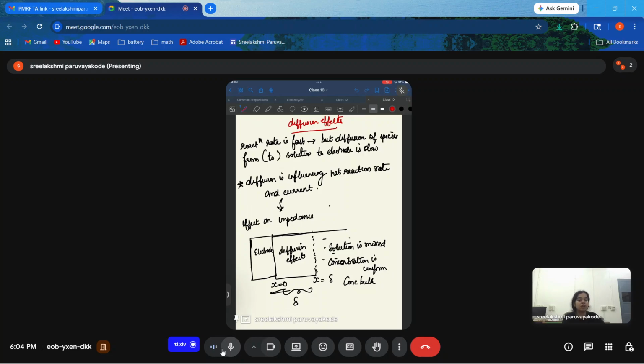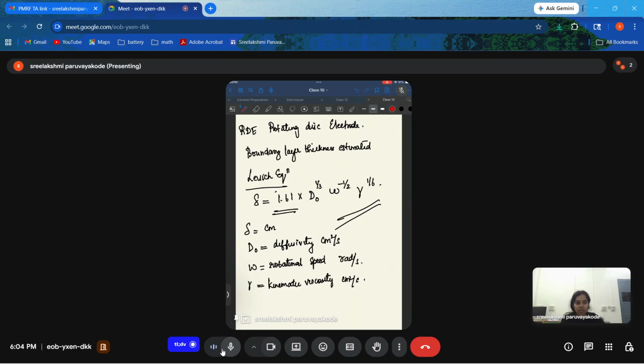So we say that mass transfer limits are playing a role. The reaction rate is fast, but the transport of species from the solution is low. So there will be a boundary layer thickness across the electrode where we see a concentration gradient, and the bulk concentration is different from the surface concentration.